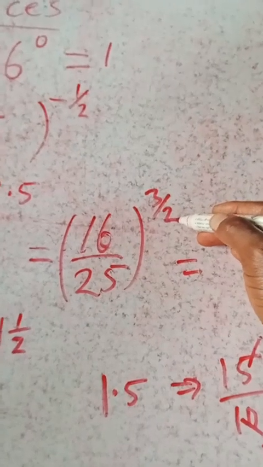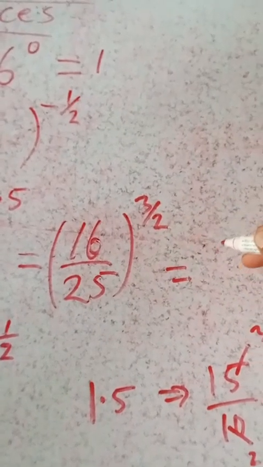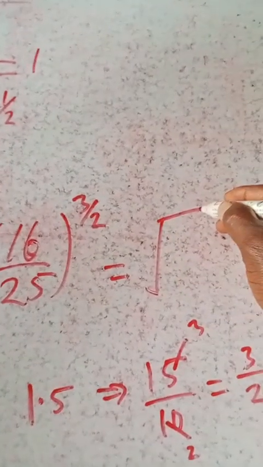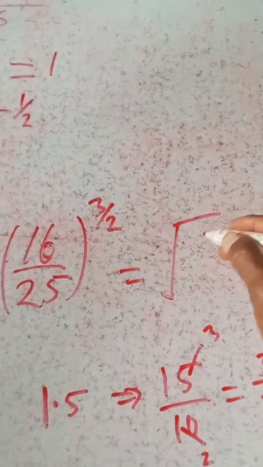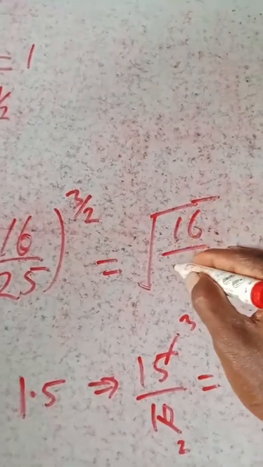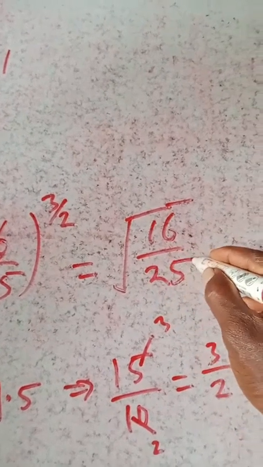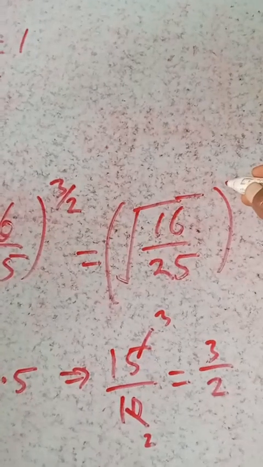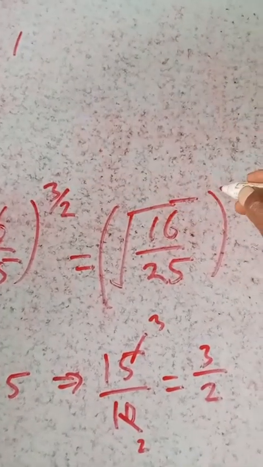So 2 will form a root, and if 2 forms a root, it will be a square root. So we have the square root of 16 over 25, then we put our bracket here and raise it to the power of the numerator, which is 3.